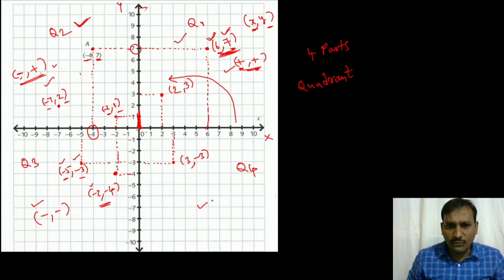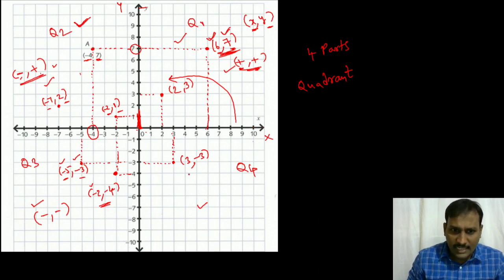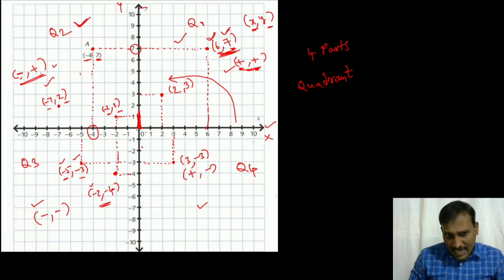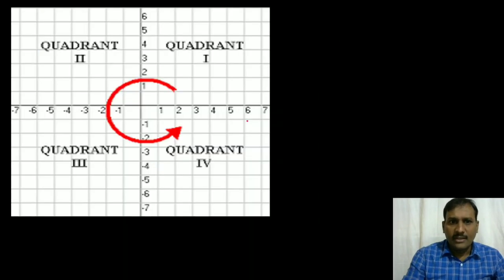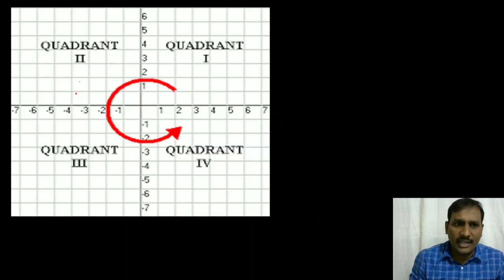When it comes to the fourth quadrant, it is plus comma minus, because it is positive x-axis and negative y-axis. You take any point, for example this point. It is representing 2 on x and minus 6 on y. Like this, quadrant 1, quadrant 2, quadrant 3, quadrant 4 are taken in anti-clockwise direction.